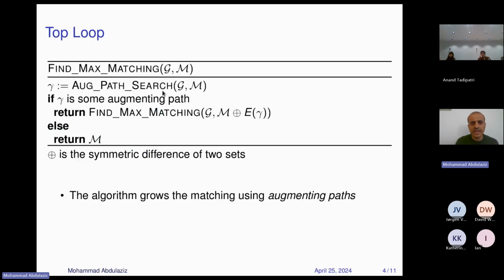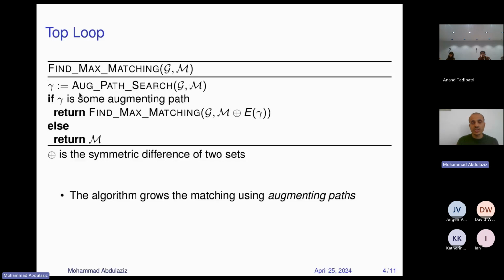So here you have a function that you give the graph that you're trying to compute a matching for and the current matching, and that function computes this augmenting path. So what is an augmenting path?